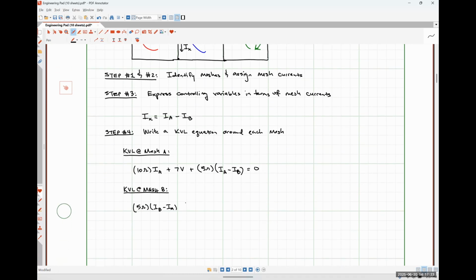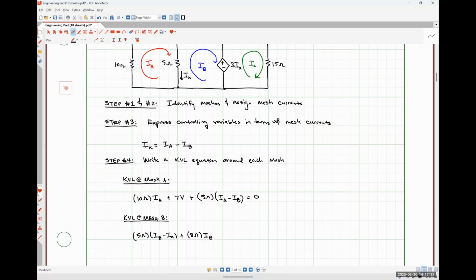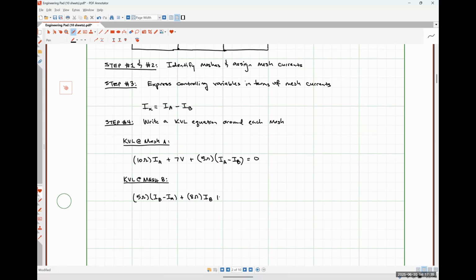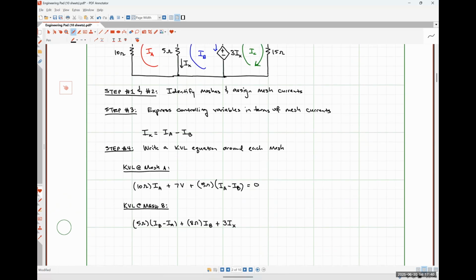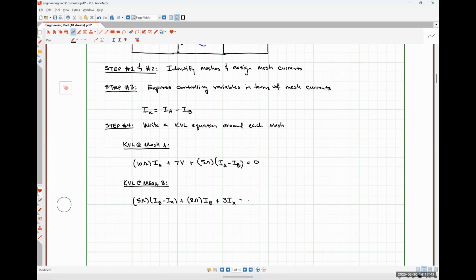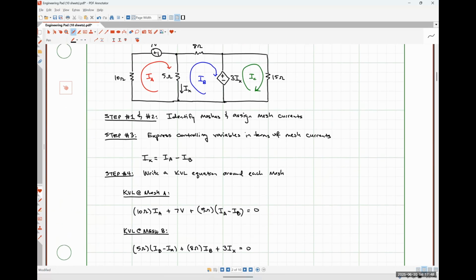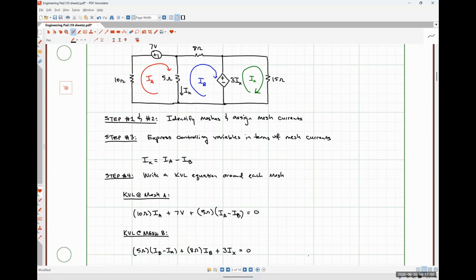The next thing that I have is going to be the 8 ohm resistor, and it has a current of just IB flowing through it because that particular resistor is on the edge of the circuit. Then we have our dependent voltage source, which is going to look like 3Ix, and we are back to the node we started from, so this is equal to 0. Any questions about our equation for mesh current B?